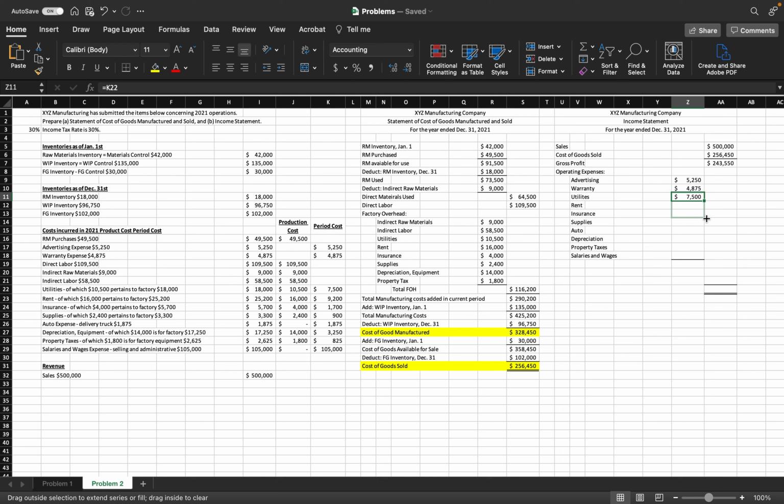Utilities, rent, insurance, supplies, auto, depreciation, property taxes, and then salaries and wages. So from there, we will then know our total operating expenses.